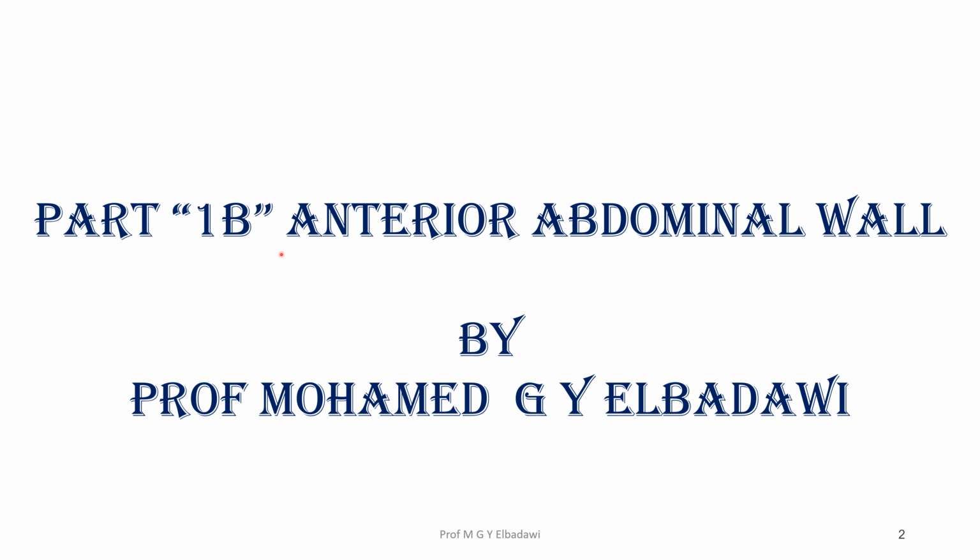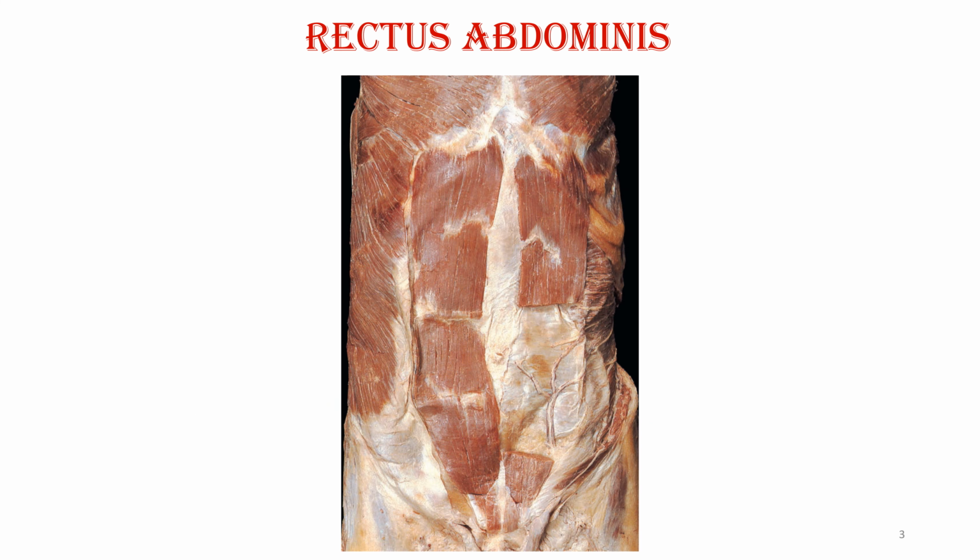In the previous one, we described the superficial fascia and the muscles on the lateral wall of the anterior abdominal wall, the external, internal, and transversus abdominis muscles. Here we'll start with the rectus to continue the muscles of the anterior abdominal wall.